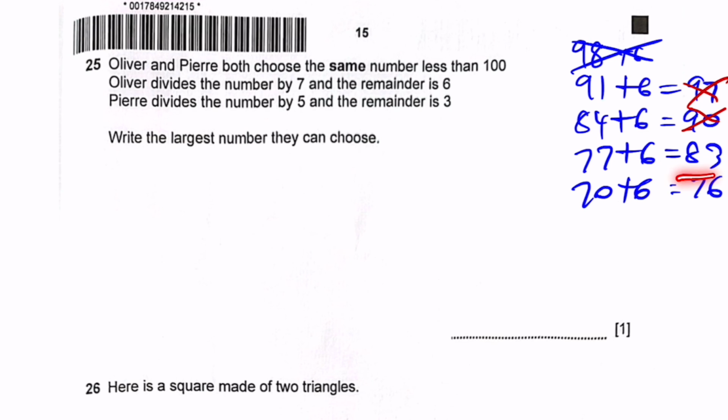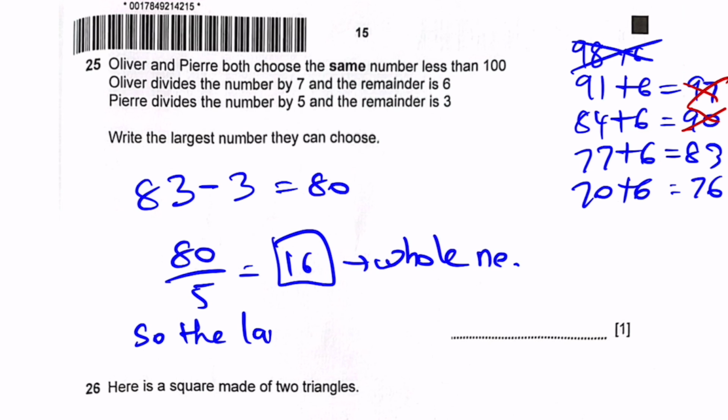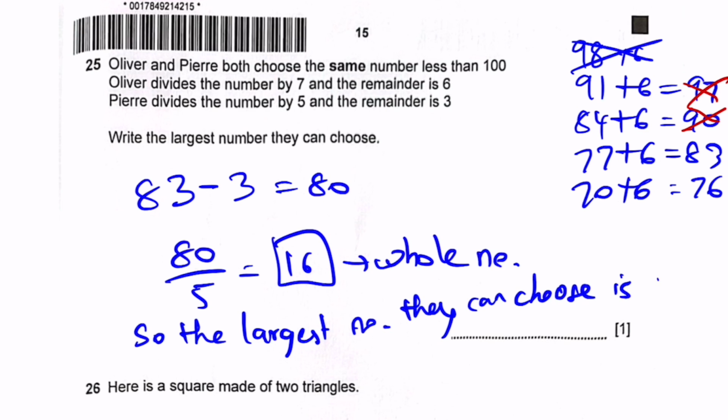Next is 83. 83 minus 3 is 80, and 80 divided by 5 is equal to 16, which is a whole number. I'll just write that it is a whole number. So the largest number they can choose is 83.